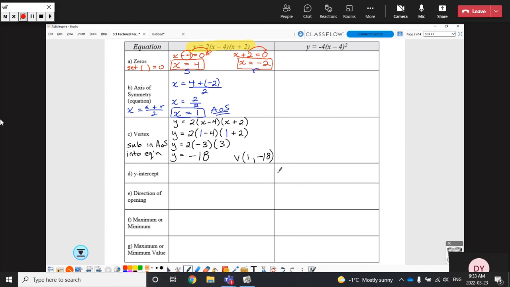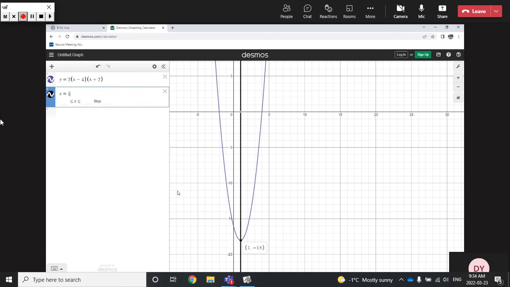Now the y-intercept. If this were in standard form, we would just say that it's the c value, but it's not in standard form, unfortunately. But let's have a look on Desmos to see where the y-intercept is. The y-intercept is down here at negative 16.